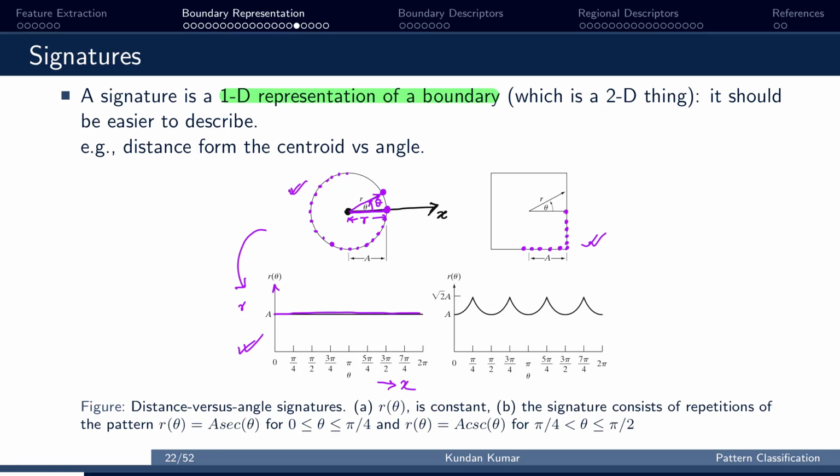So here we can compute the centroid of these pixels, suppose here. Then we will compute the distance of this pixel with respect to the reference, and we will compute the angle with respect to our reference axis, which is in the x direction.